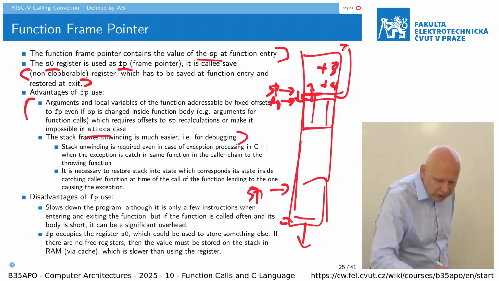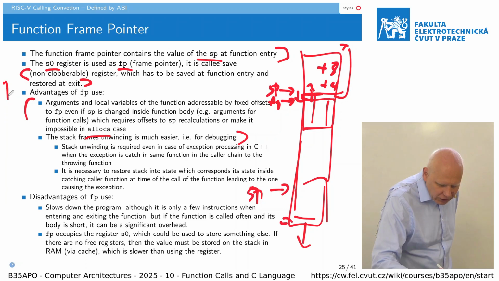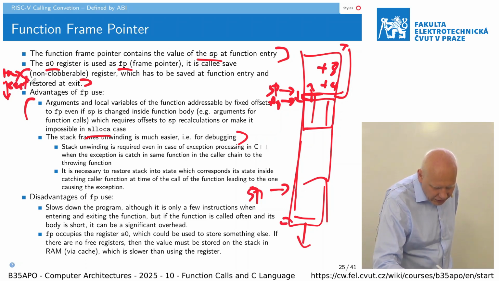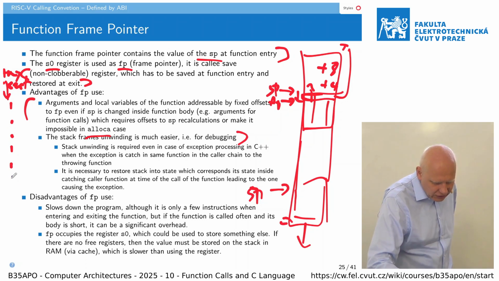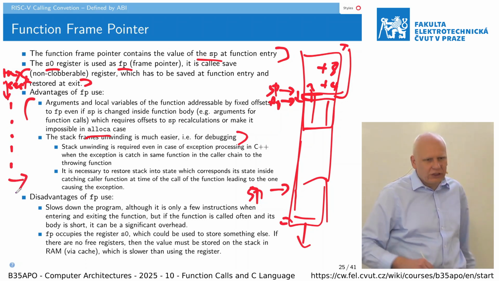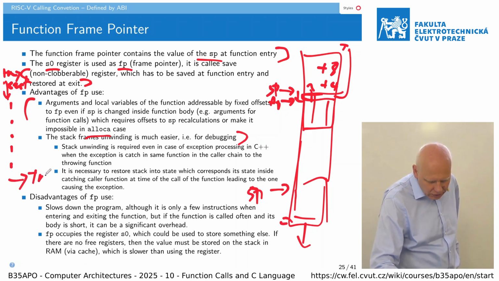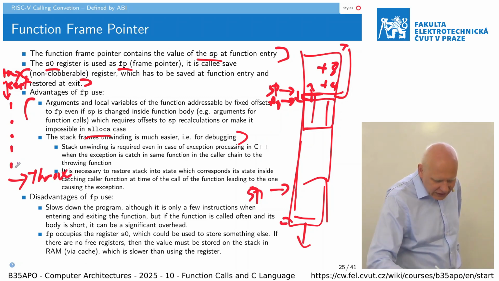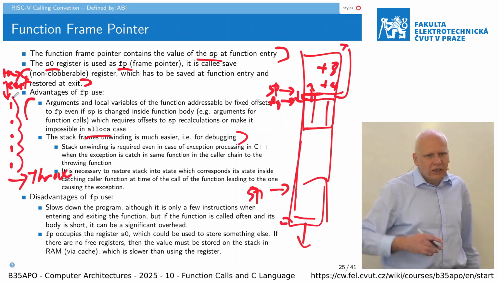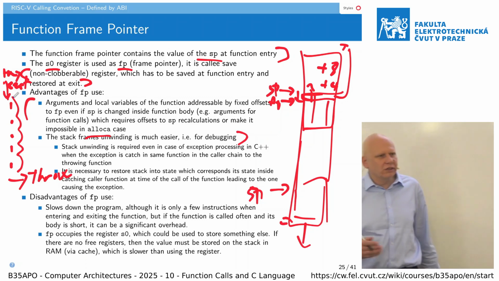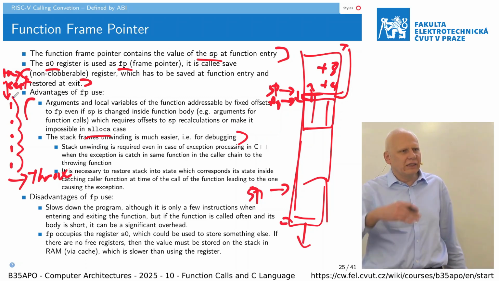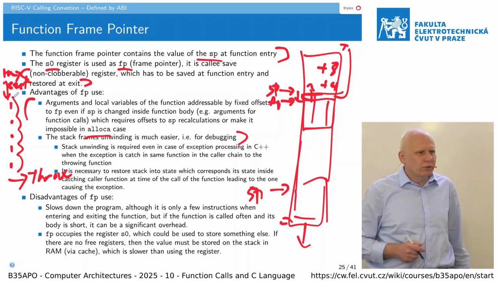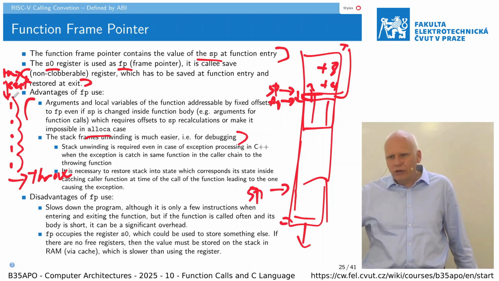Basically you have a function with a try and catch, and then you call some functions, and then some function results in a throw, and then you need to somehow undo those allocations on the stack and restore the state, because you can have the catch and rethrow and so on.